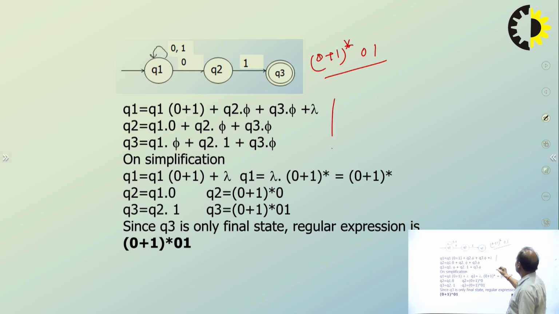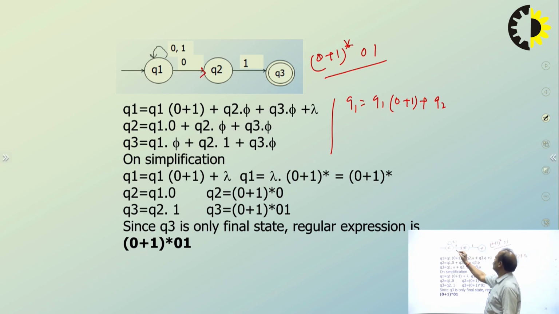You see here, q1 is q1 alpha 1 1, where 1 to 1 is 0 plus 1, plus q2 alpha 2 1. There is no transition from 2 to 1, so this becomes phi, plus q3 alpha 3 1.